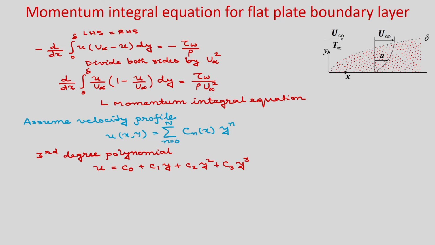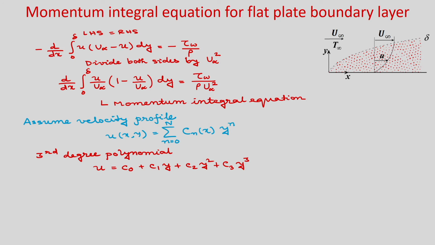So, how many boundary conditions do you require to find these 4 coefficients? Obviously, you need 4 boundary conditions. Okay. So, now you can easily find 2 boundary conditions: at y is equal to 0, the no slip boundary condition, so u is equal to 0, and at y is equal to delta, you have u is equal to u infinity. Another boundary condition at y is equal to delta, you can easily find that the velocity gradient is 0.